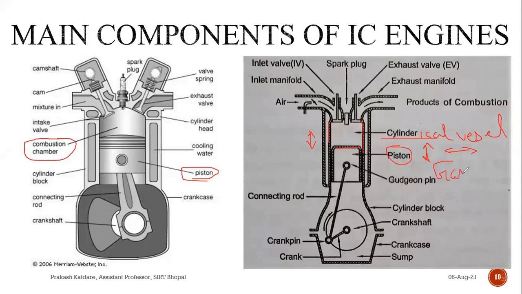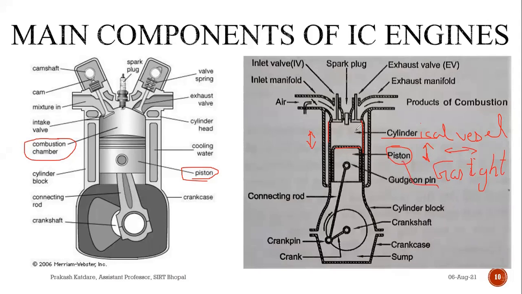It is providing a gas tight space so that there is no leakage of our products of combustion into the other parts. And piston is also the first link which is formed for power transmission.